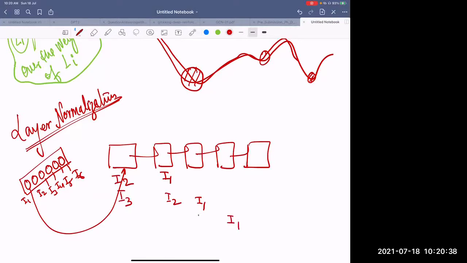When I1 will be here, then I2, then I3, and I4 will be here. And this is T equal to 1, T equal to 2, T equal to 3, T equal to 4, and so on. So here, how can I see a single batch?